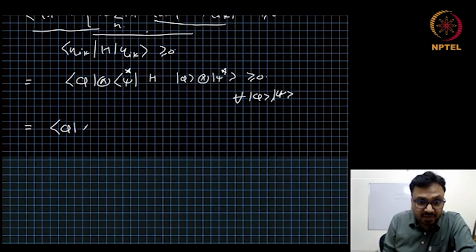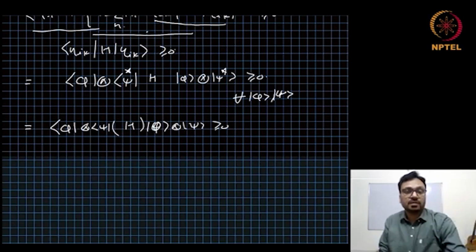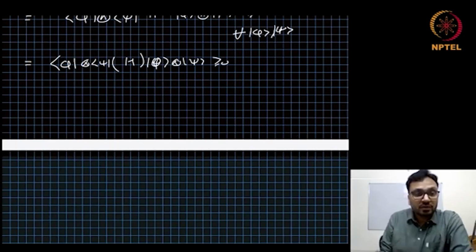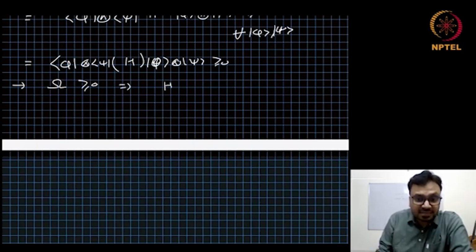So phi tensor psi H phi tensor psi should be positive. So we can summarize that a map omega, which is a positive map, implies that H is a positive operator for all the product states.